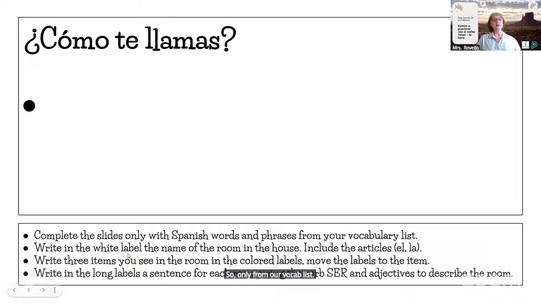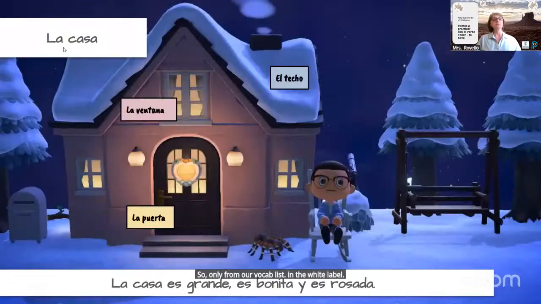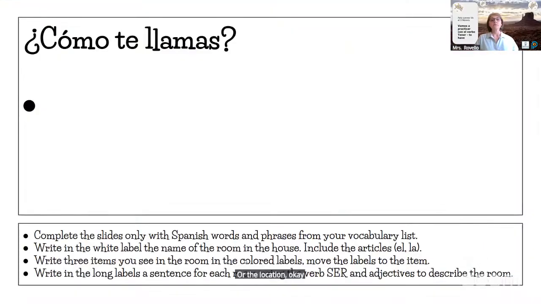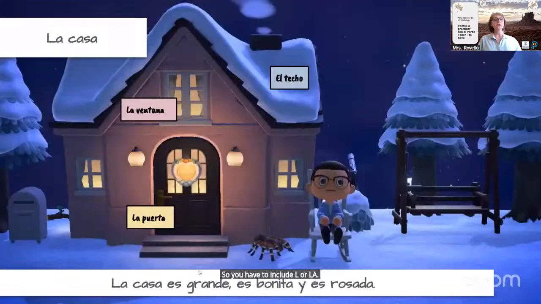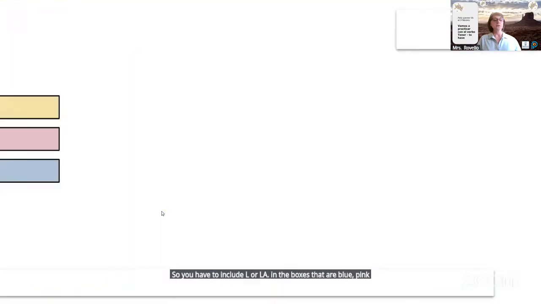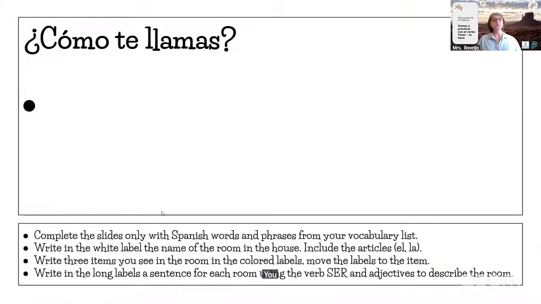In the white label up here, you're going to put the name of the room or the location, okay? And you have to tell me if it is el or la. So you have to include el or la. In the boxes that are blue, pink, and yellow, you are going to label 3 items in the room.